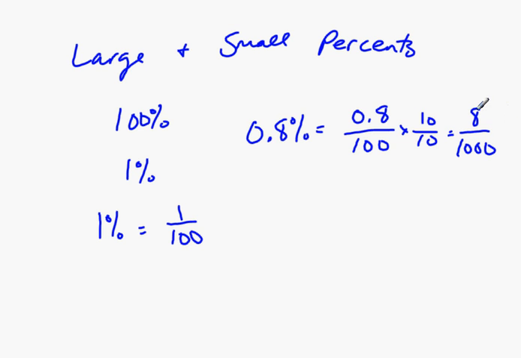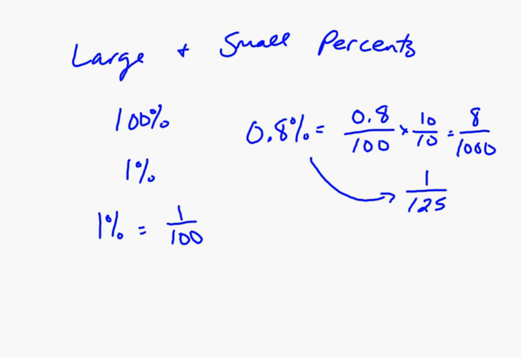So when we divide both the numerator and denominator by 8, we'll have 1 for the numerator and 125 for the denominator. So 0.8% is the same thing as 1 over 125. That's how you make a very small percent into a fraction.